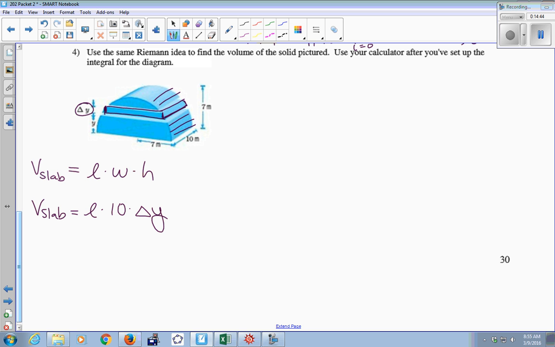The last thing I need to figure out is my length. So this will be length, and that's width. Got to be a little creative here. I'm going to erase everything I've got in the picture so that I can draw clearly. So I've got delta y. I would like to write length in terms of y so that my only variable is y.